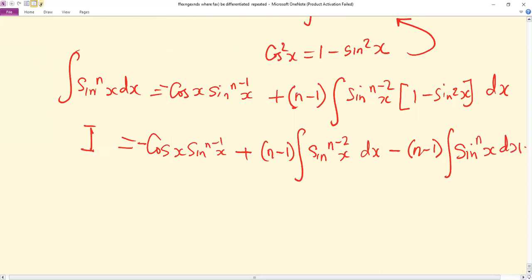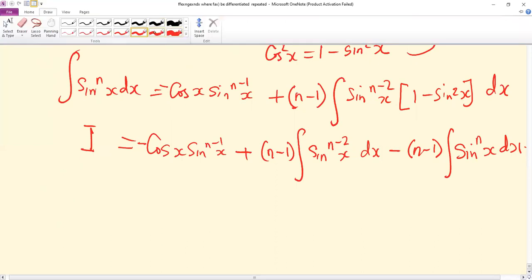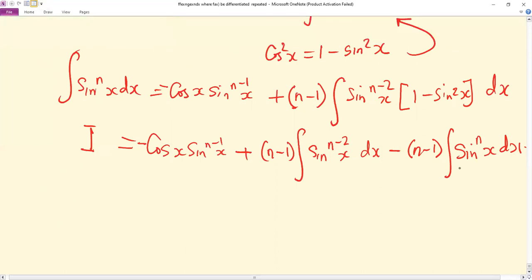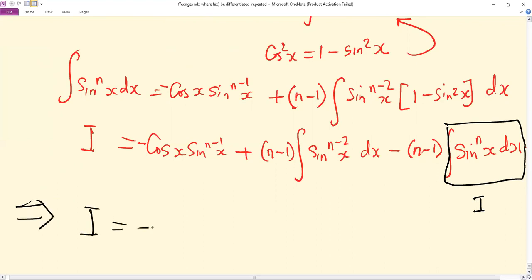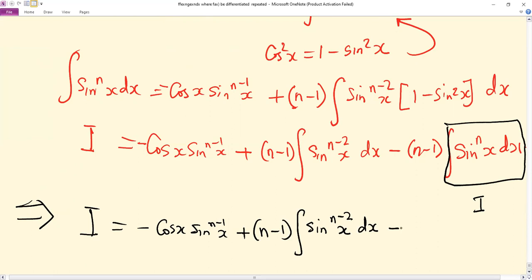And you see, by definition, I've said the integral of sine power n dx is I, so this part is also I. So we have I equals negative cos x sine power n minus 1 x plus n minus 1 times the integral of sine power n minus 2 x dx minus n minus 1 times I.